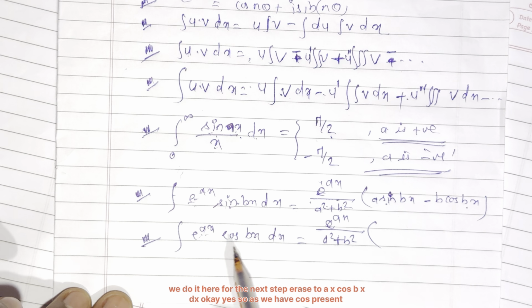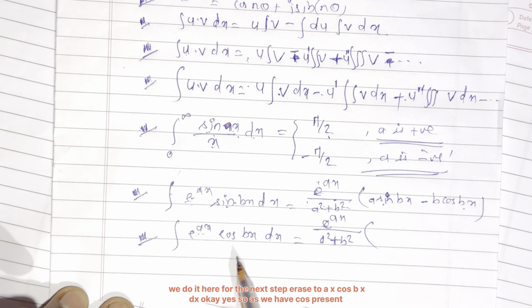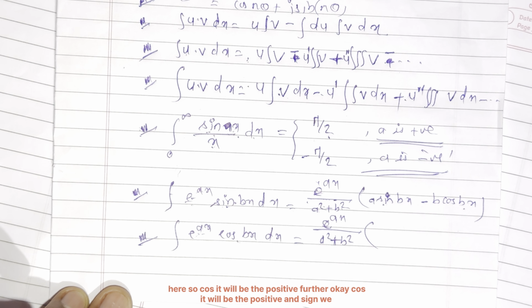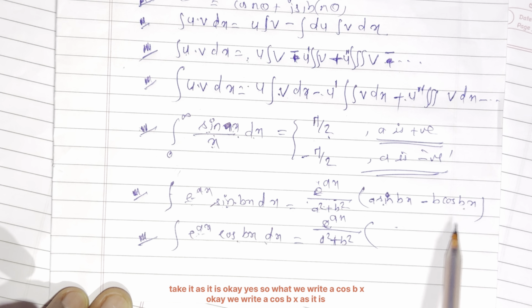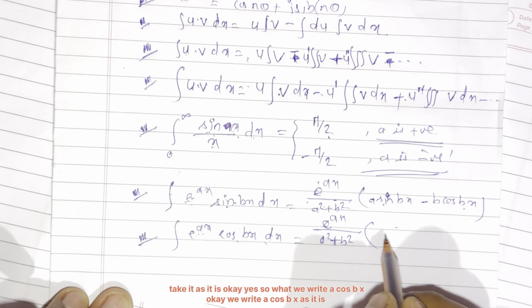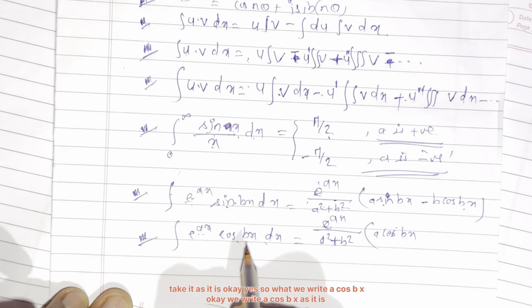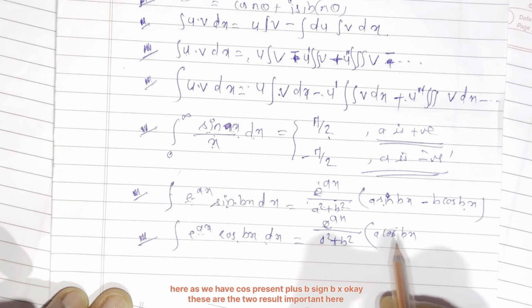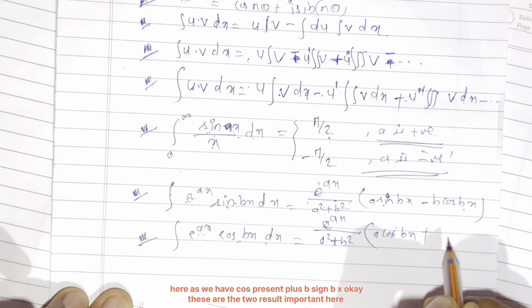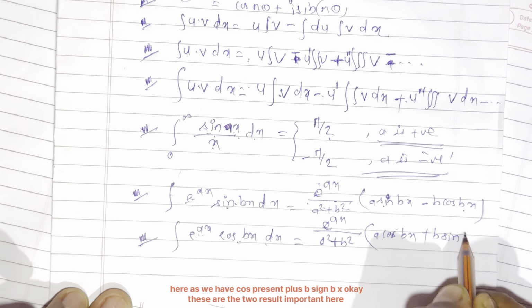Similarly we do the next step, e raised to ax cos bx dx. As we have cos present here, cos will be positive, and sin we take as it is. So we write a cos bx, as cos is present, plus b sin bx.